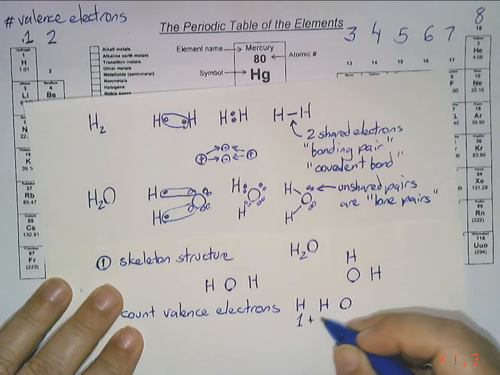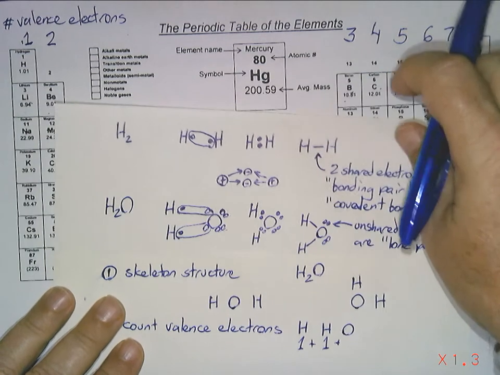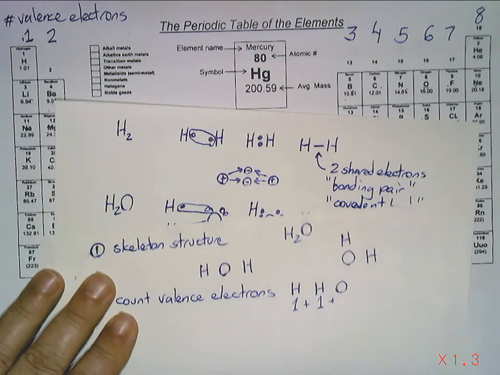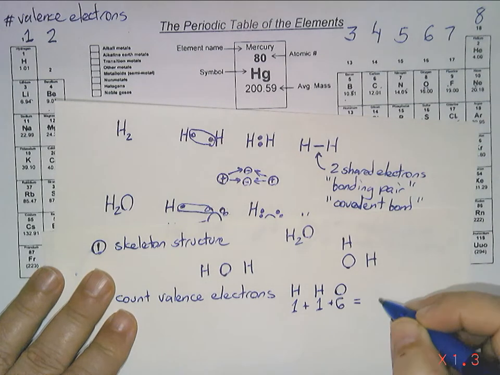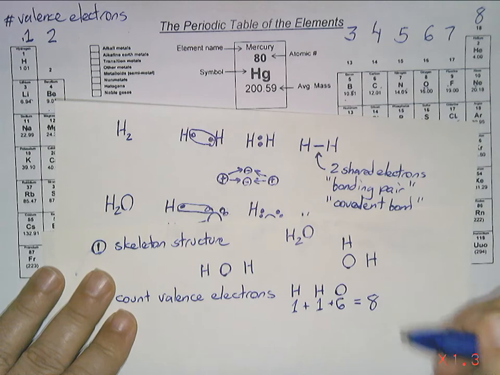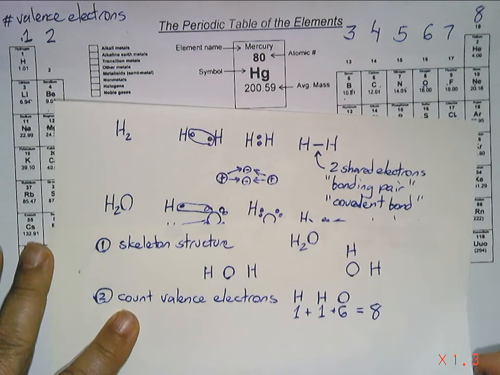So does this one. And the oxygen has got 6 valence electrons. So the total number of valence electrons is 1 plus 1 plus 6 is 8. I've got 8 valence electrons to deal out. All right.